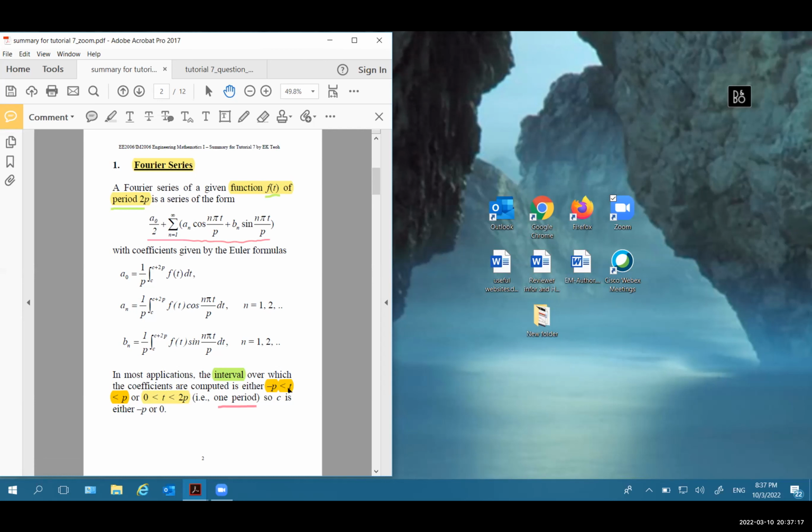Usually the question will give us one period of f(t). Then we just look at what period they give us. If they give it in the form of 0 to 2p, then obviously you integrate 0 to 2p. But if they give it in the form of minus p to p, then we just integrate minus p to p. So this is quite easy to decide.